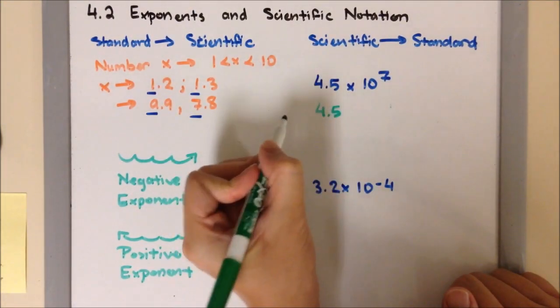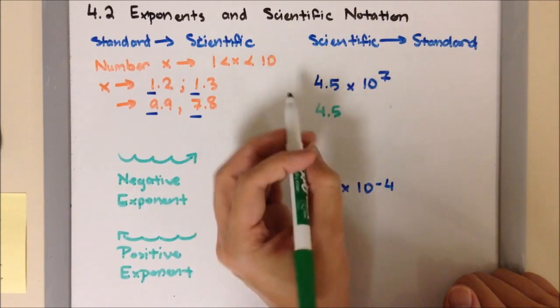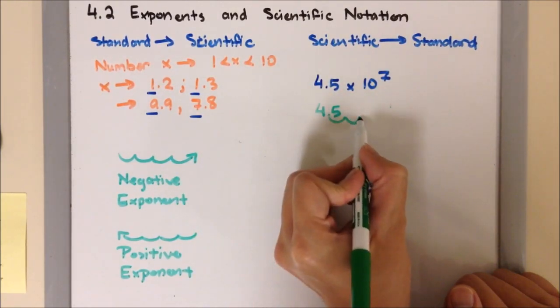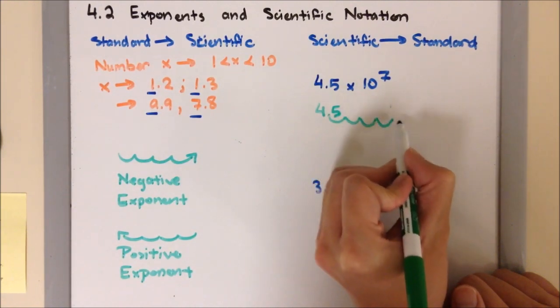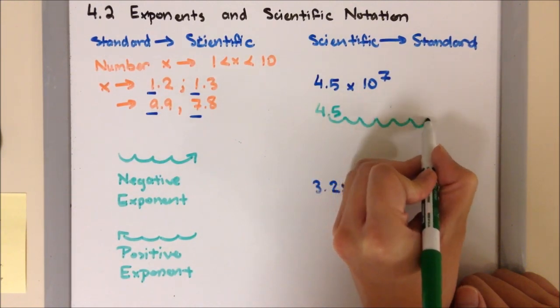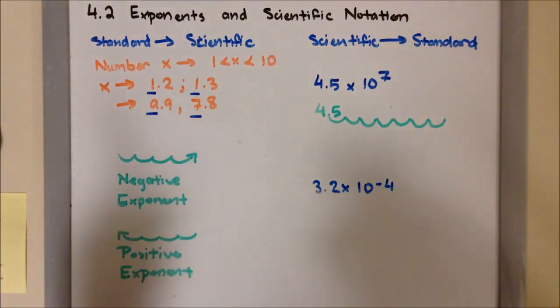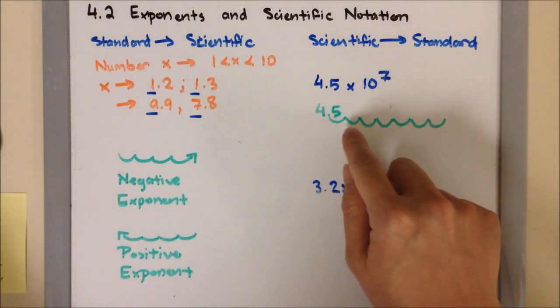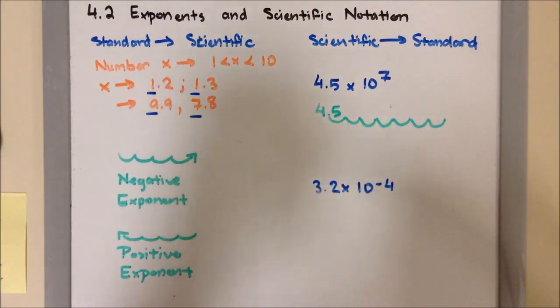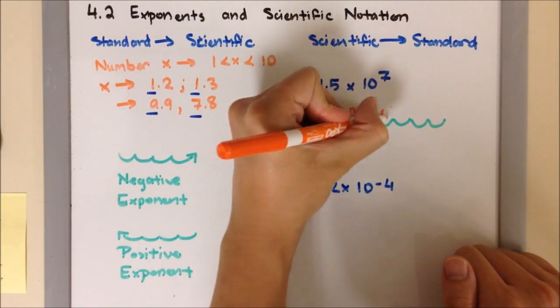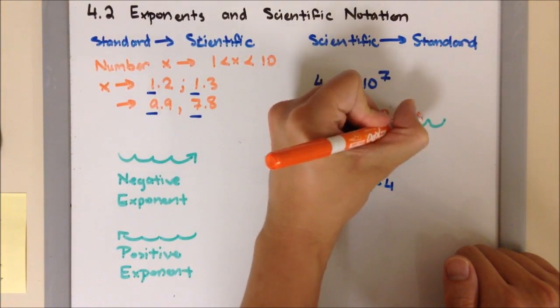I'm just going to write 4.5 on the left side. So I'm going to move my decimal 7 times. 1, 2, 3, 4, 5, 6, 7. And then I'm going to fill in all the curves with zeros. 1 here, 2 here, 3 here, 4 here, 5 here.